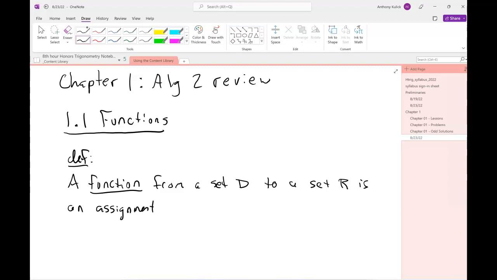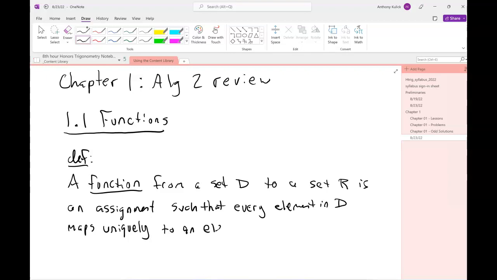I'm going to call it an assignment, such that every element in D maps uniquely to an element in R. So this set D, we call the domain.